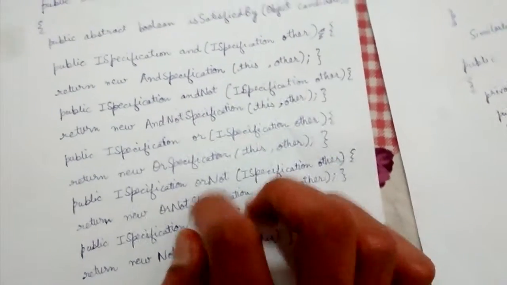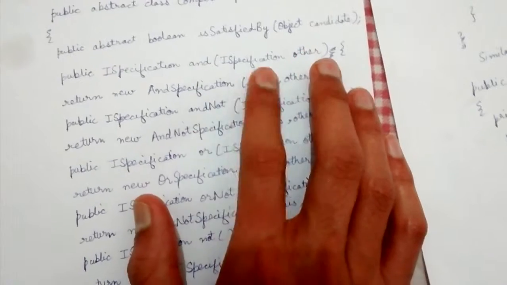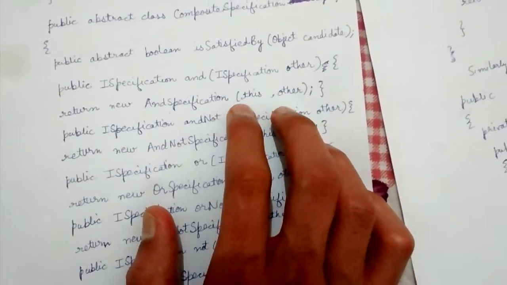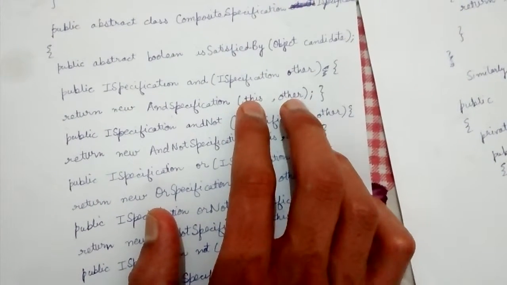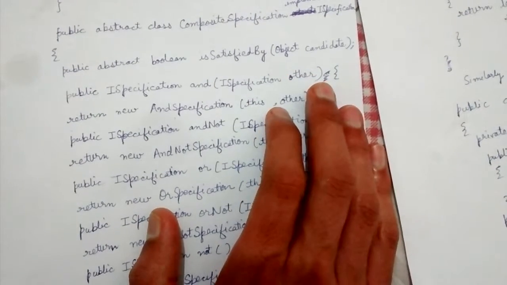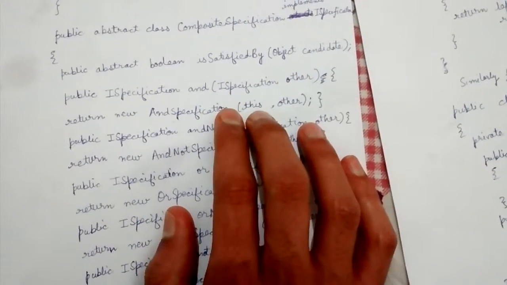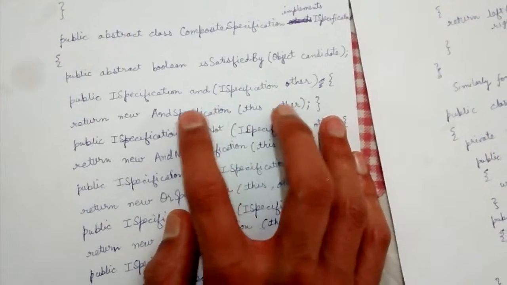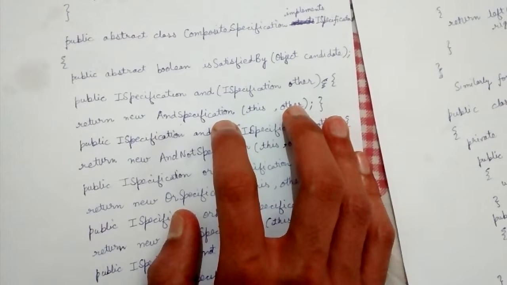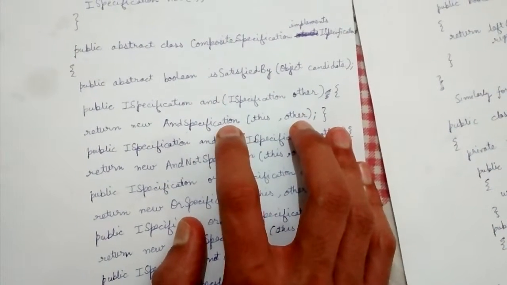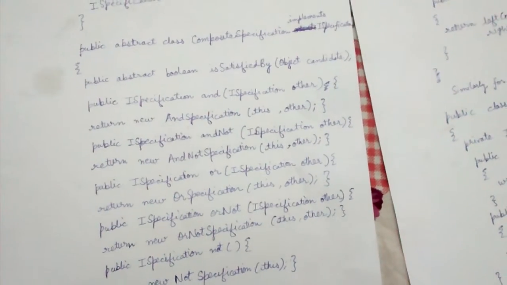Basically, and returns an AndSpecification object with this and other. So one is myself and one is whichever other object you provide me. I pass them to the AndSpecification class and return whatever the constructor gives me. So let's see what the AndSpecification class is doing.